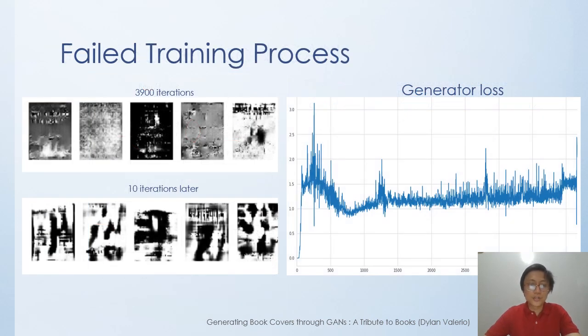Now, at the cost of adding complexity, our networks can encounter failed states. In one of my runs, sometime after the 39,000 iteration, which is actually outputting already some really nice images, after a bit, some iterations later, it degraded to something like this, right? I don't know for sure why this happened, but it can actually be detected by our generator loss.